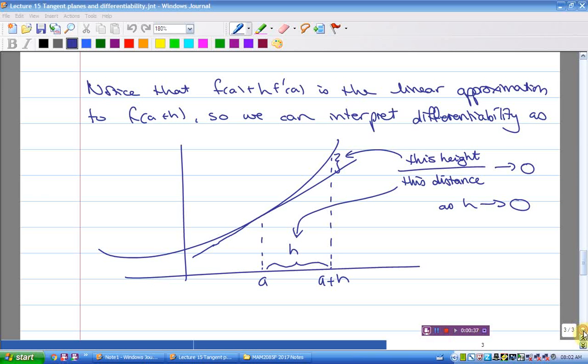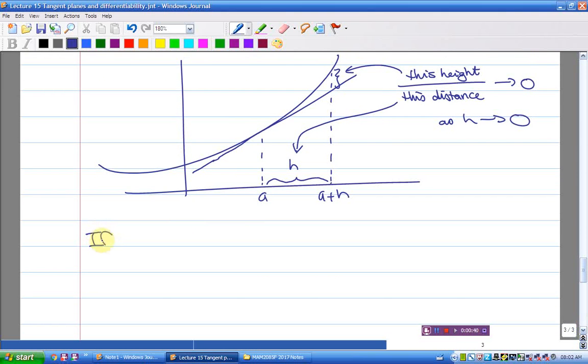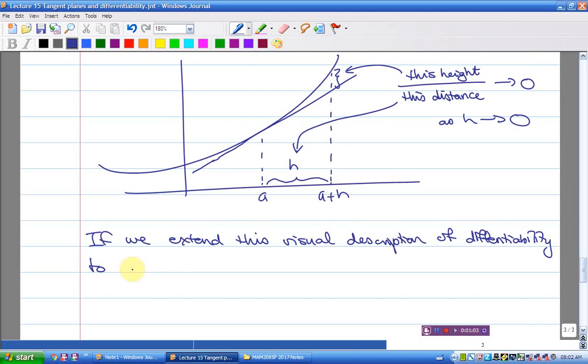So if we extend this visual, or diagrammatic, or graphical, however you want to describe it, this visual, not definition exactly, but this visual description of differentiability, to two variable functions, we can arrive at, we can derive is far too technical a word.